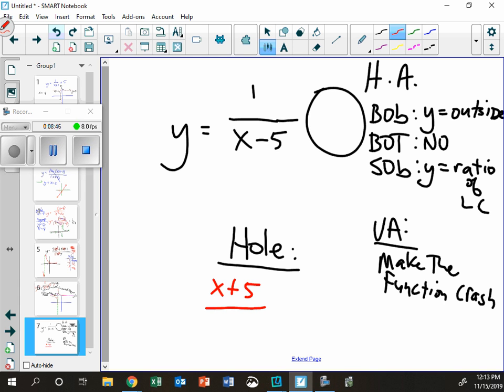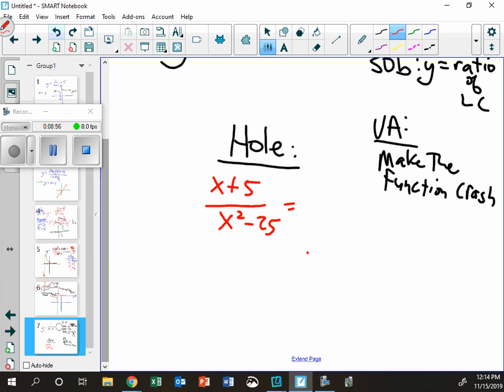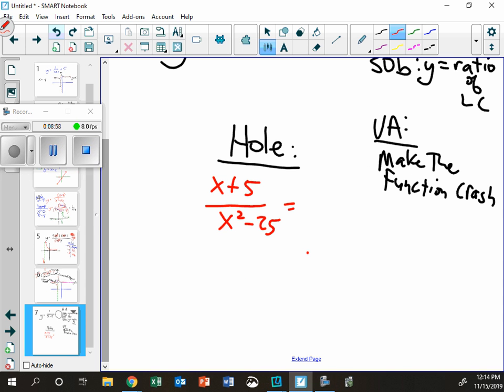If I had x plus 5 over x squared minus 25, do you remember seeing stuff like this, where you got a factor on the top and then something else can be factored, and then things can cancel? If you can factor it, you should.